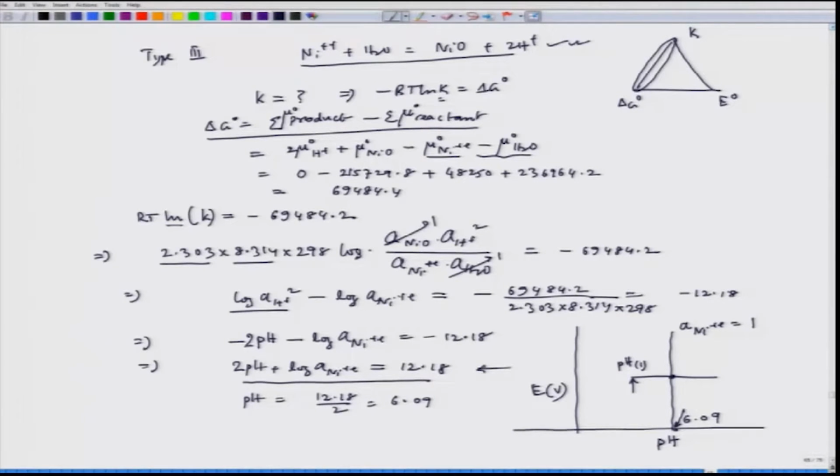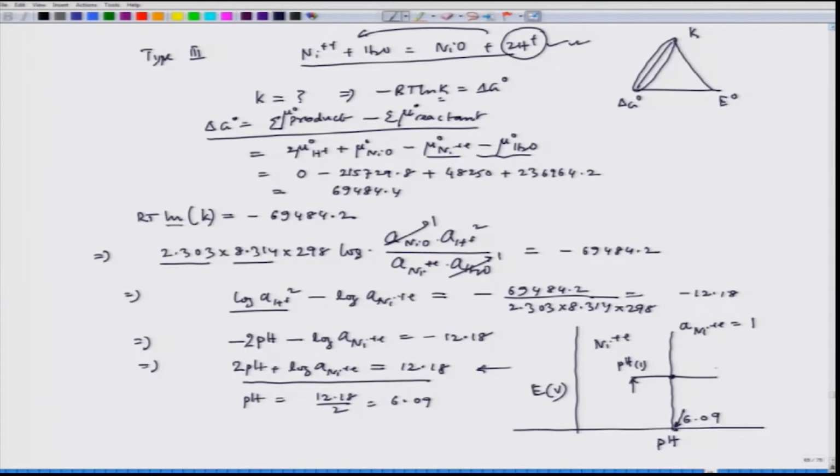So, since I am increasing this H plus ion concentration, in order to maintain the equilibrium constant, the system should go this way, the reverse way. So, the Ni plus plus ion should form. So, this side is Ni plus plus.